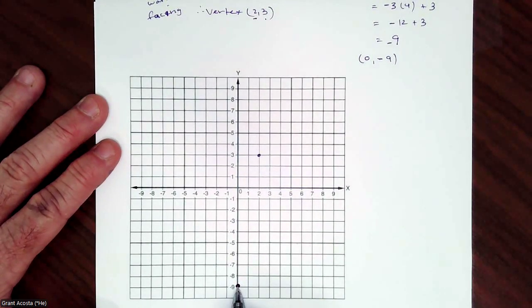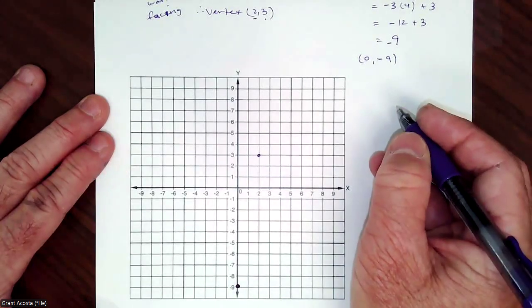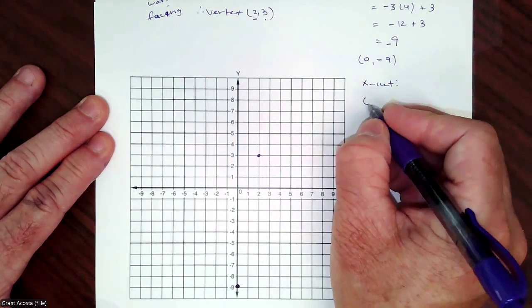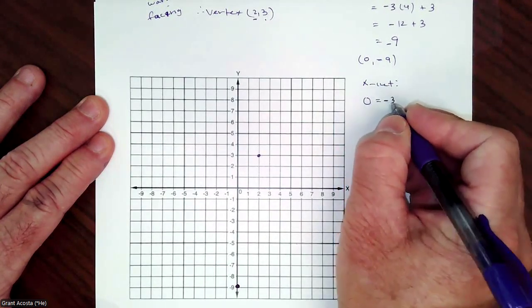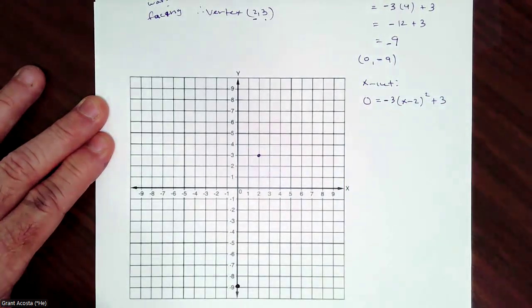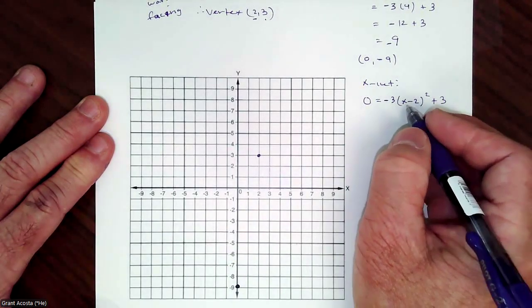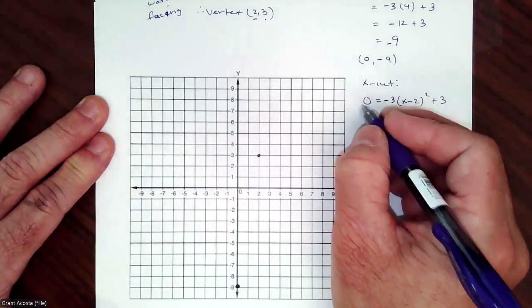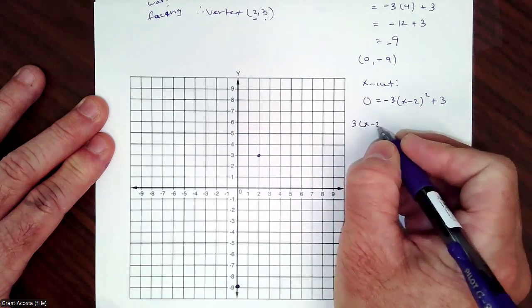And as far as my x-intercepts, I'm going to set my function equal to 0. The best way to solve this, I think, is since this whole thing is negative, you can literally add all of that and move it over to the other side.